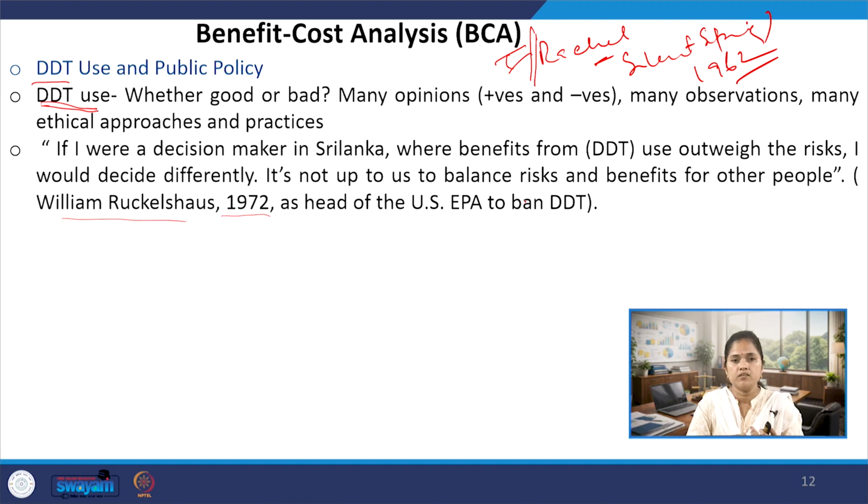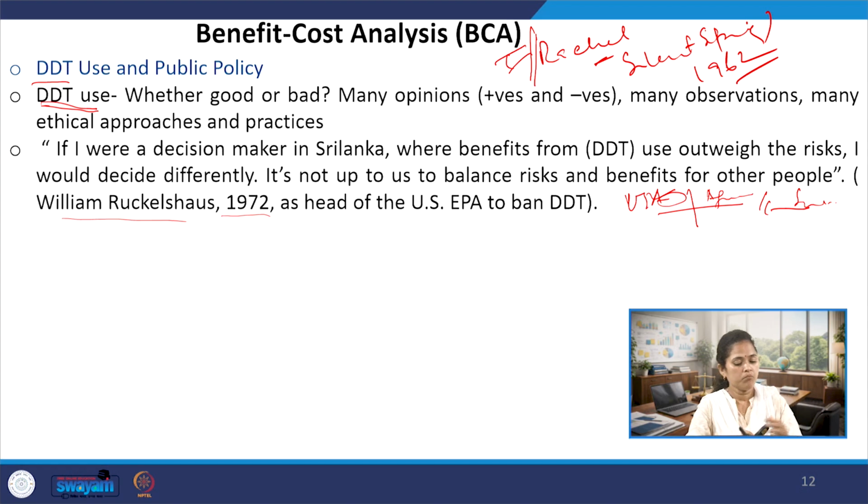So even the same policy, that is the banning of DDT, is a good policy perhaps in the USA, but it is not a good policy for, let's say, African countries or even some Asian countries like Sri Lanka, right? That is the reason for the head of the US EPA advocating the ban of DDT.